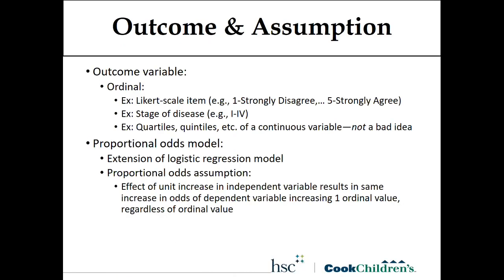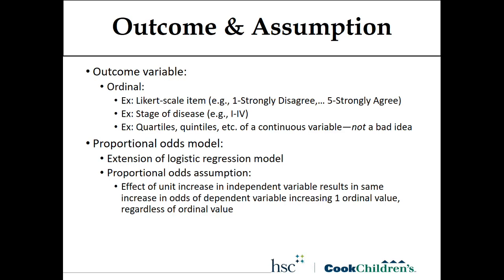An ordinal variable is one where there's a finite number of outcomes that a y variable, a dependent variable, can have, and they're ordered in a meaningful way. For example, if you take a questionnaire with a Likert scale from strongly disagree to strongly agree, that's supposed to represent some underlying latent variable of how you feel about something.